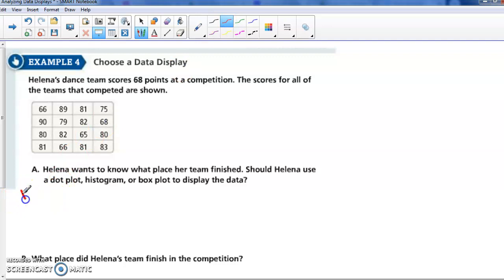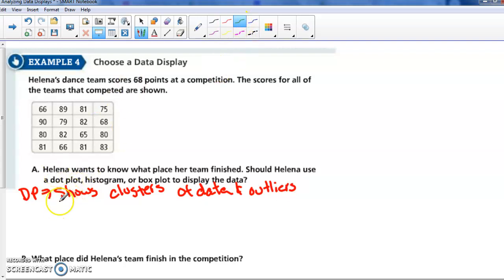Well, if we do the dot plot, our main focus is to show clusters of data and outliers. So she's looking to see if any of the information is a little outlier. That dot plot would be helpful.